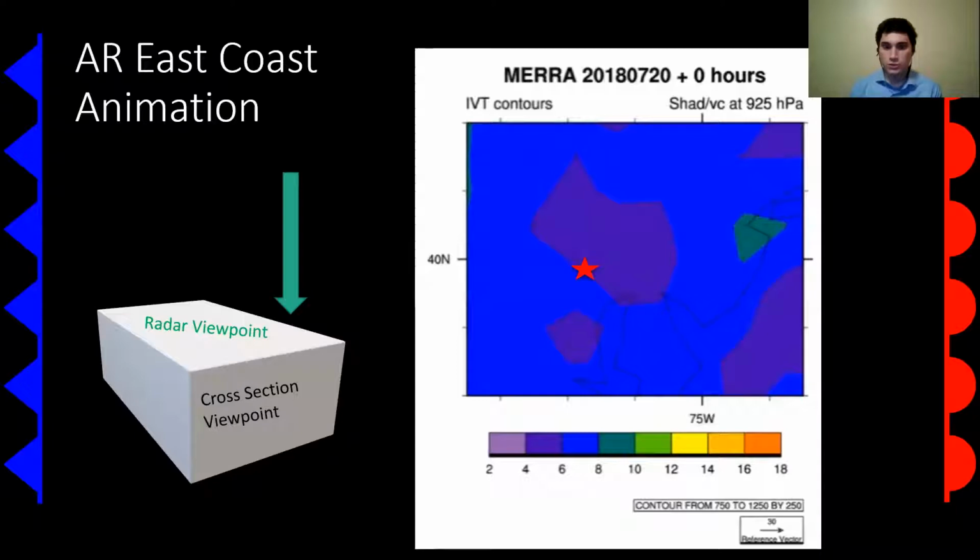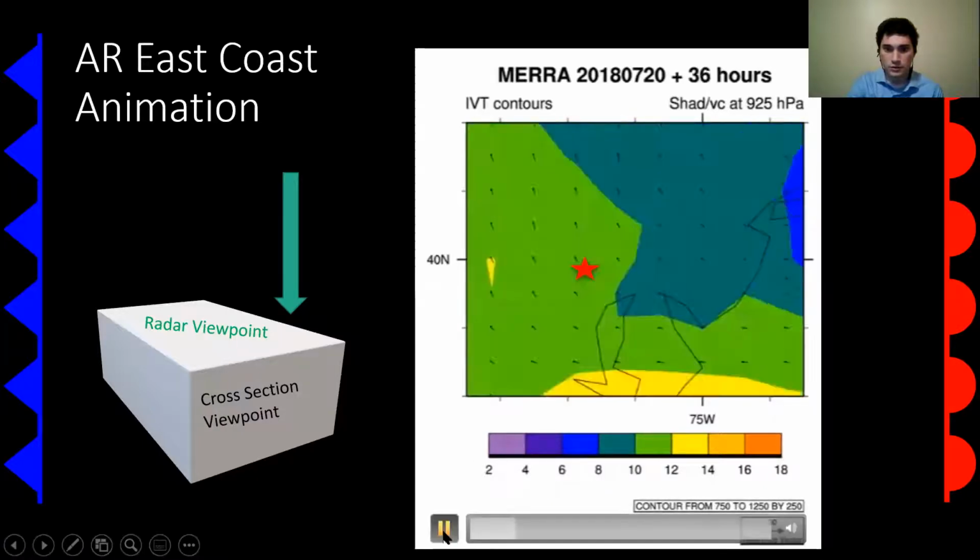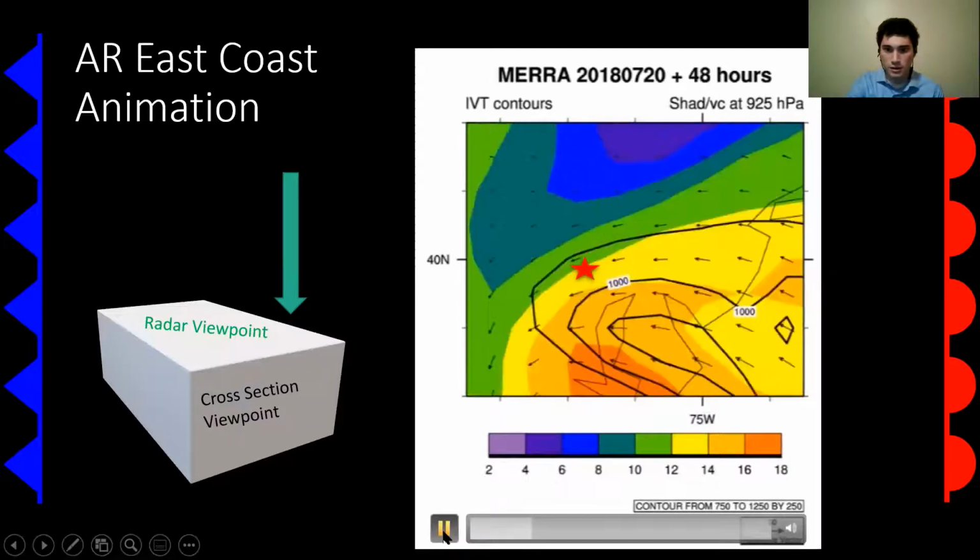So this is a closer view of what you just saw. And so those stars still BWI. And hopefully we'll see that the IVT contours show up relatively about here.